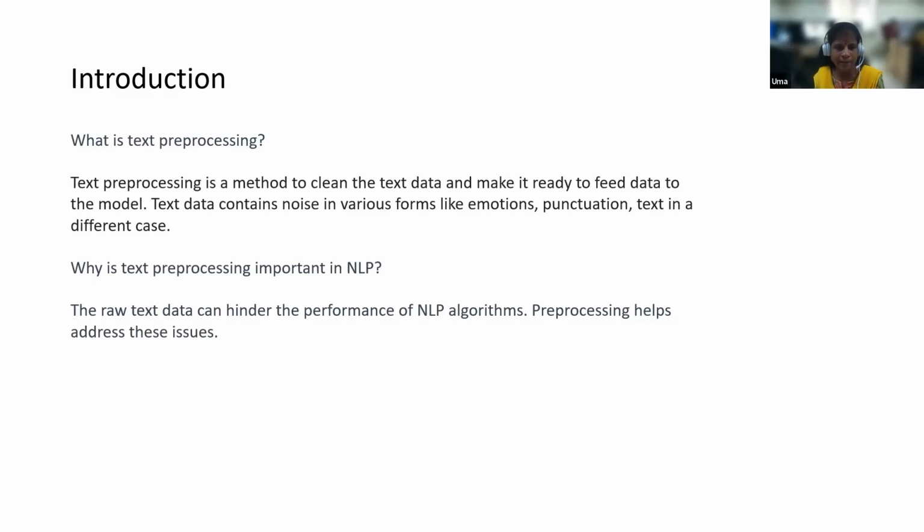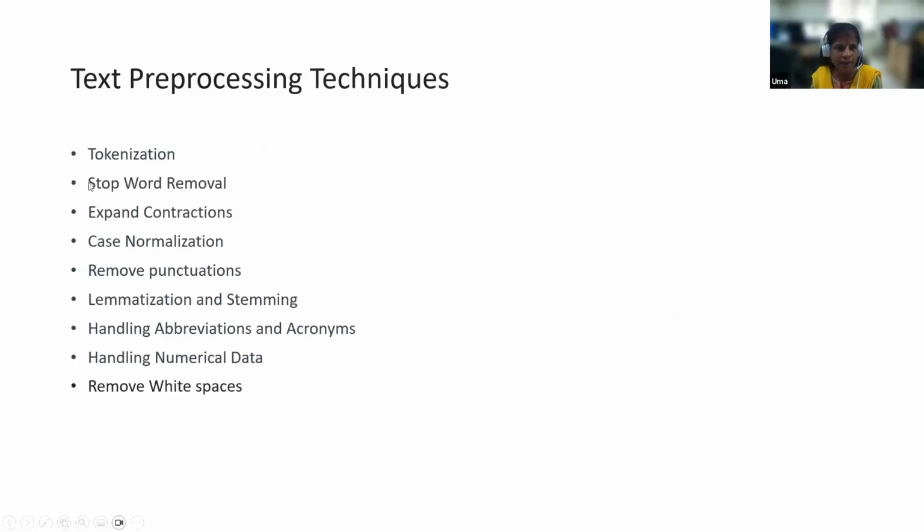Is it really required for NLP? Yes, it is, because otherwise it would cause performance issues when we go for NLP algorithms and other things. So for that, we are using certain pre-processing techniques. Let's see what the techniques are. Here I have listed out the techniques, like tokenization.